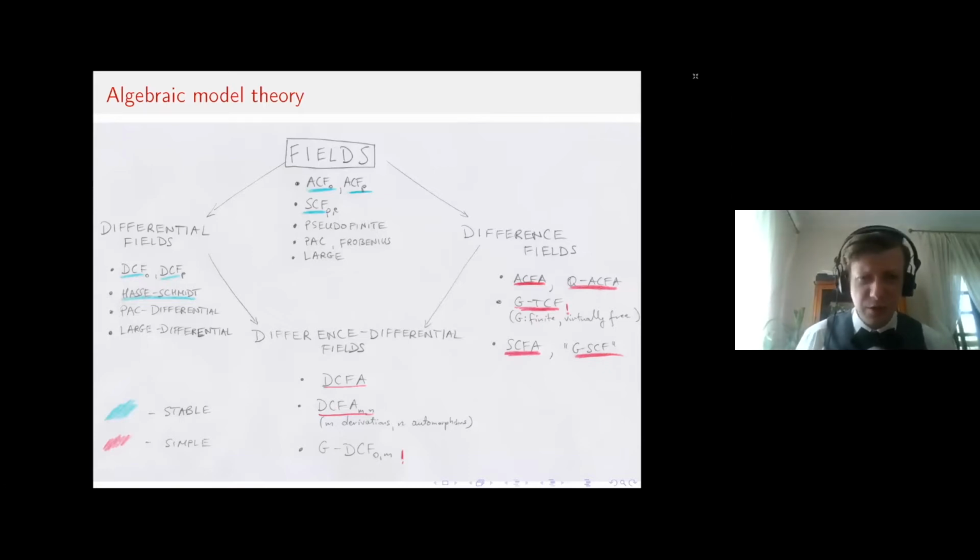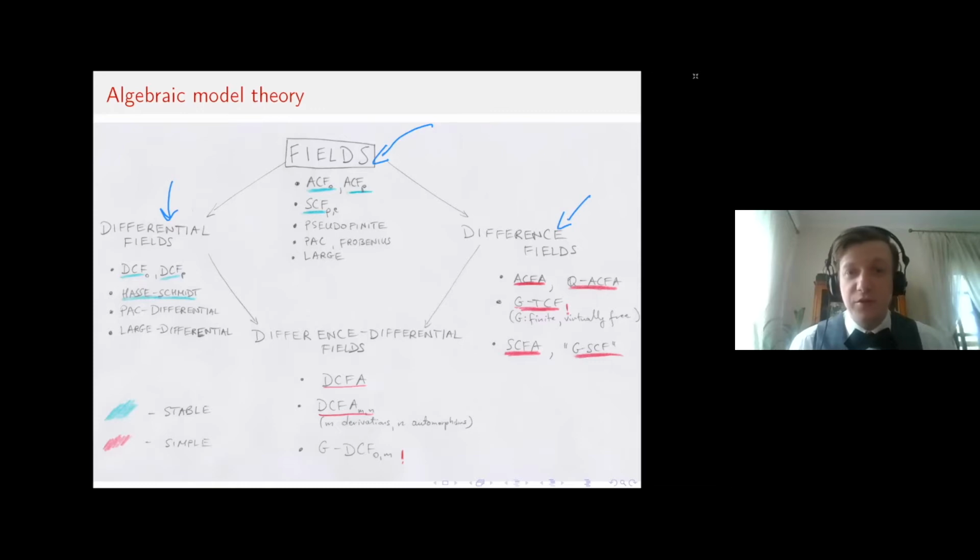So here in this picture, we have 4 different kinds of fields. Pure fields, that's the first part here. That's just fields in the language of rings. And then you have differential fields here and difference fields, so fields with some automorphisms.